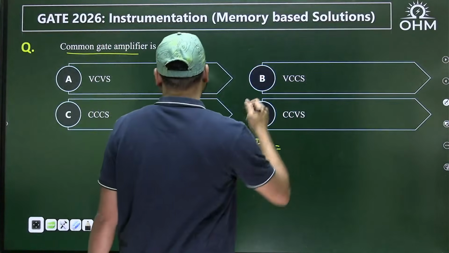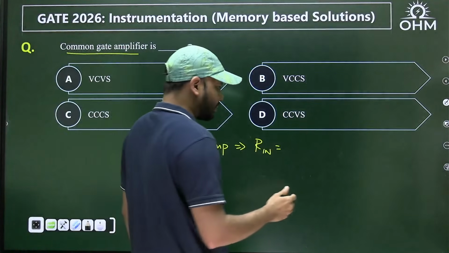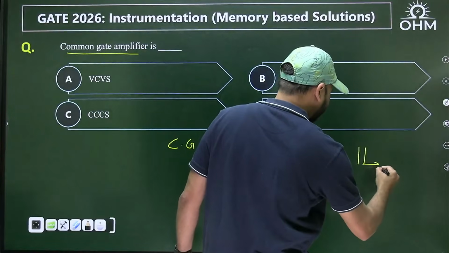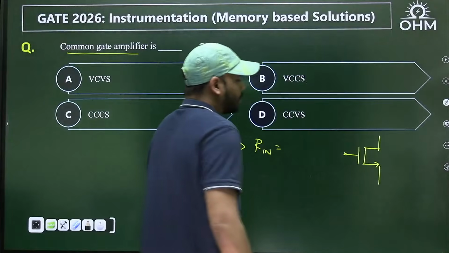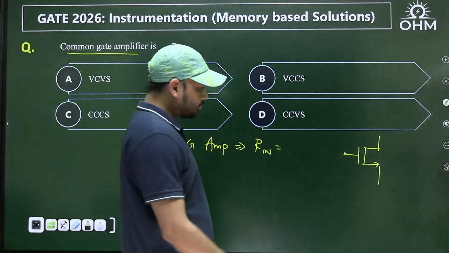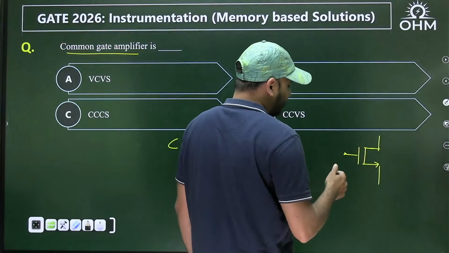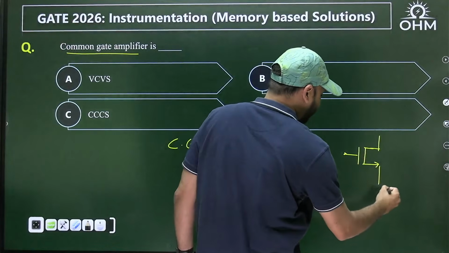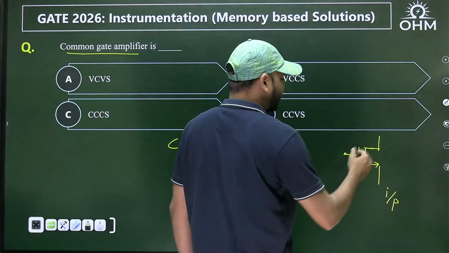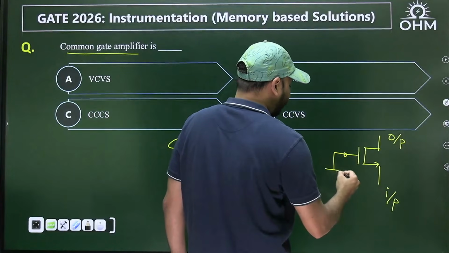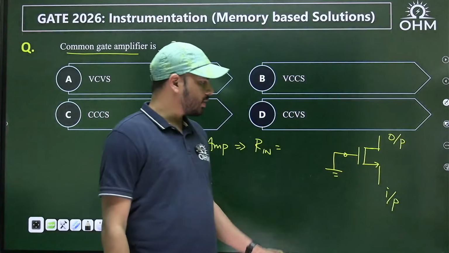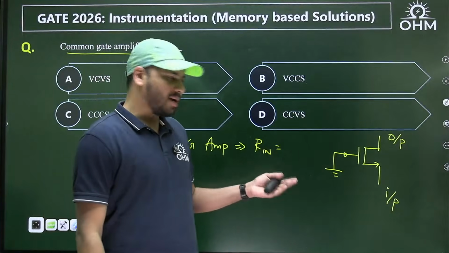If I just draw a transistor in the small signal domain, the input is applied at the source and output is taken at the drain. And the gate will be connected to AC ground. This is a typical common gate amplifier.